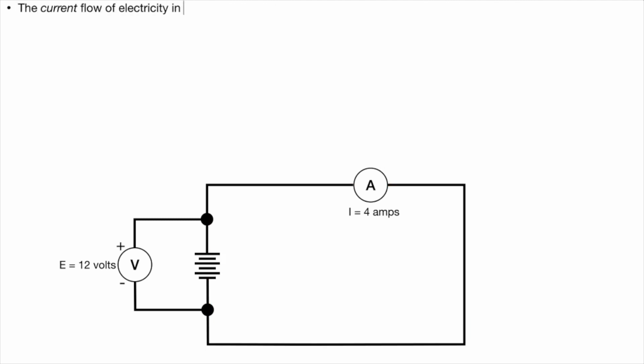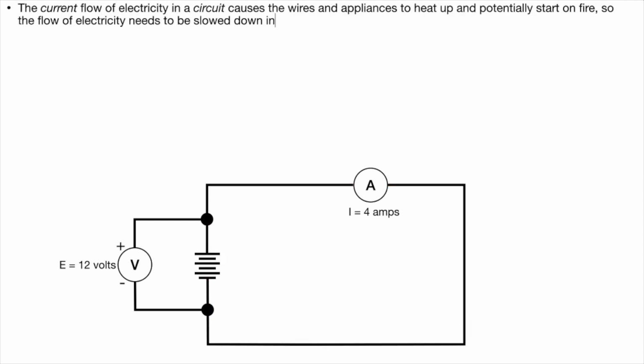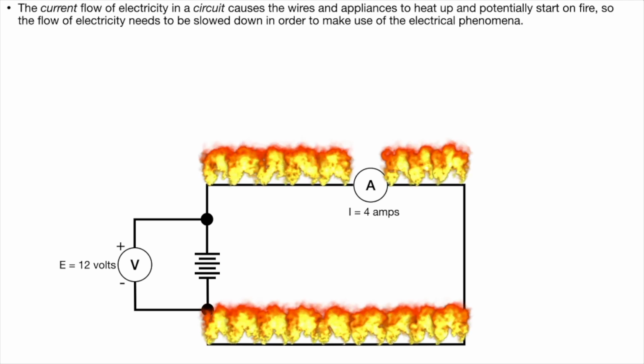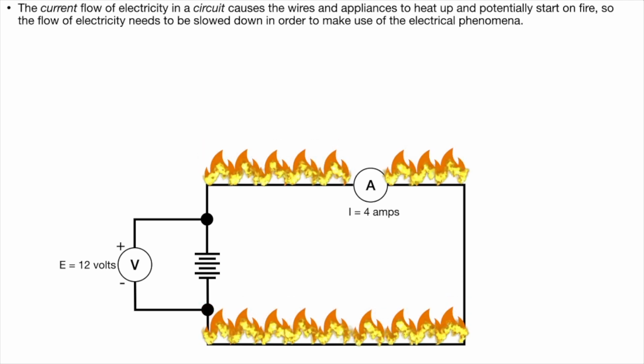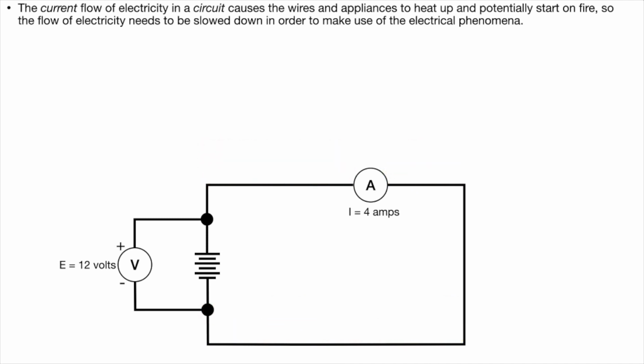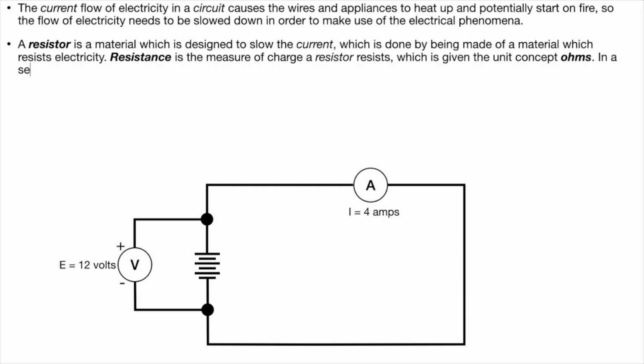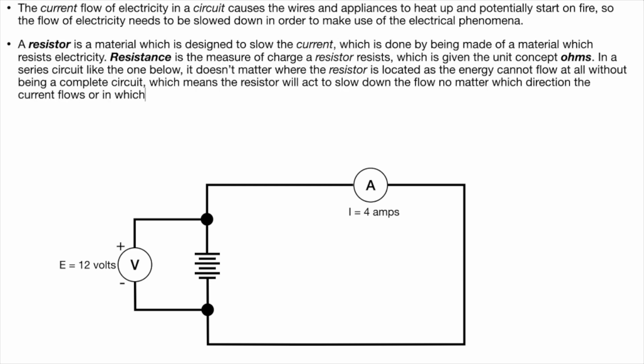The current flow of electricity in a circuit causes the wire and appliances to heat up and potentially start on fire. So the flow of electricity needs to be slowed down in order to make use of the electrical phenomena. A resistor is a material which is designed to slow the current, which is done by being made of a material which resists electricity.